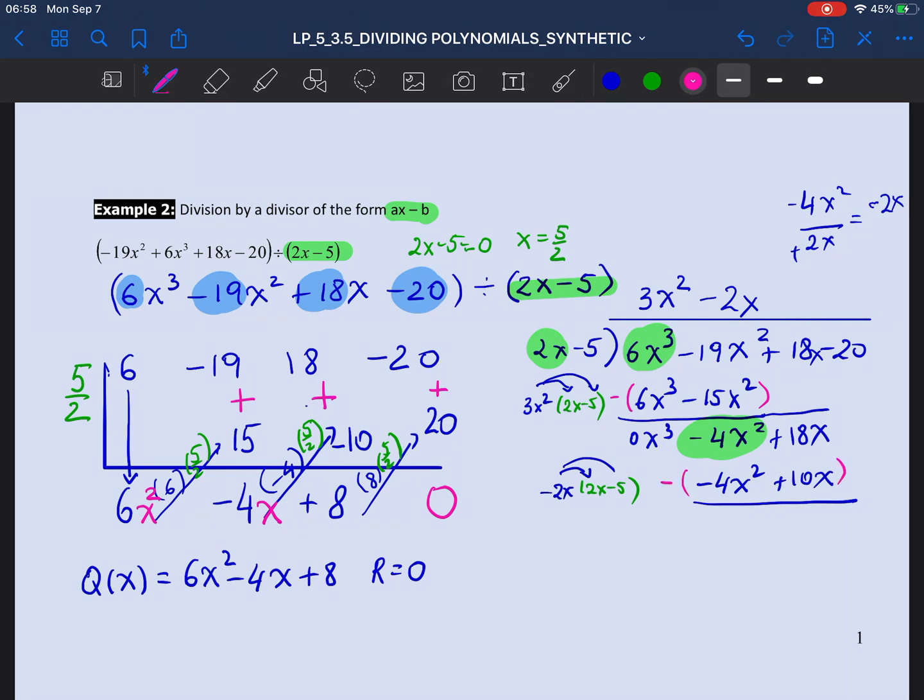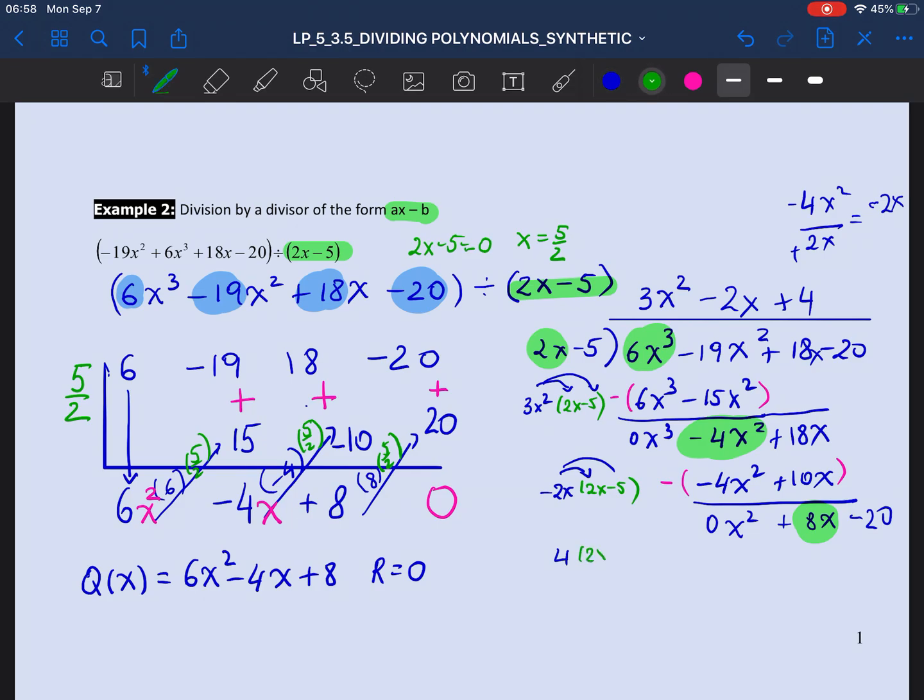So again, subtract. 0x squared. 18 minus 10 is 8x. Bring negative 20 down. This time compare positive 2x by 8x. We're going to say 2x goes into 8x 4 times. So plus 4.